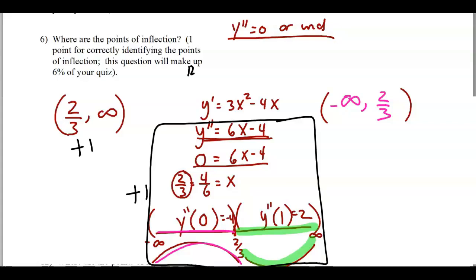So 2/3 is a possibility, but the function has to be continuous at that point, which it is because it's a polynomial, and also it has to change curvature at that point, which it does. It goes from concave down to concave up at that point. So we have our answer for that one already by the work that we did on that particular problem.